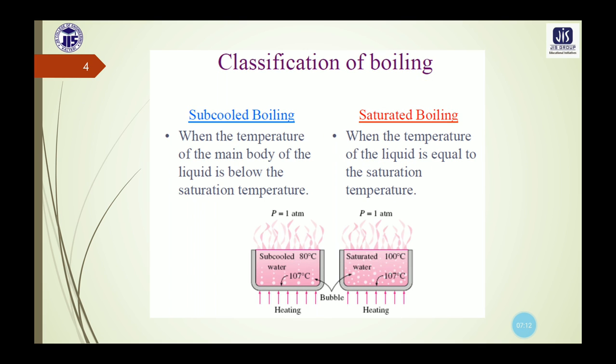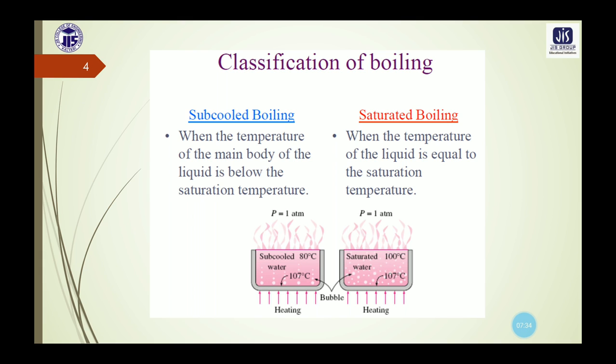Next, we have the subcooled boiling. When the temperature of the main body of the liquid is below the saturation temperature, then subcooled boiling occurs. It is also known as local boiling.